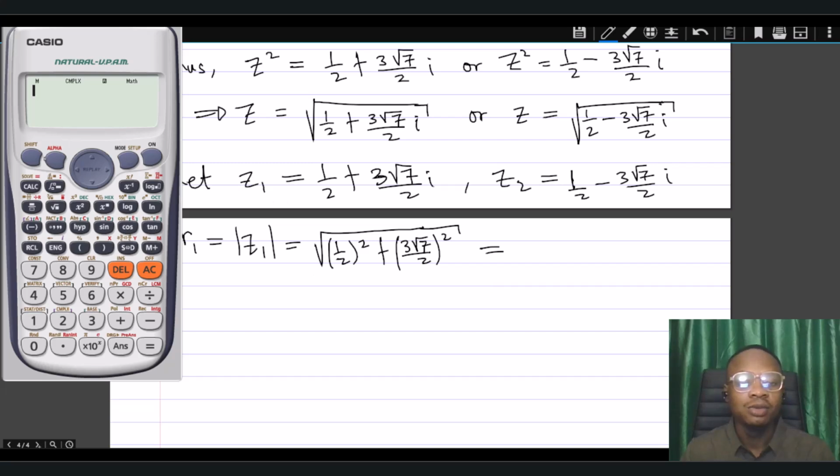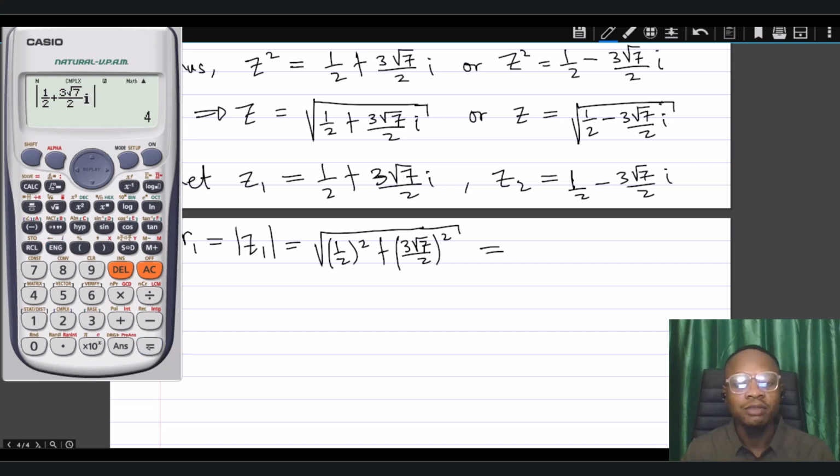Okay, so we can just say which of them is easier to do. Let's just use the absolute value function. I love to look at the fastest, or take the laziest route. So that is plus, and then I have 3 root 7 divided by 2, and then I put the i right there.